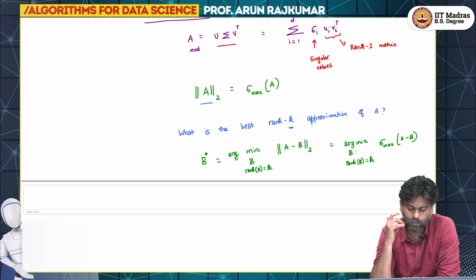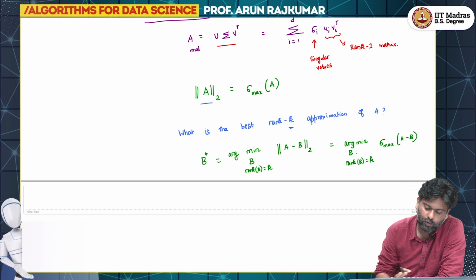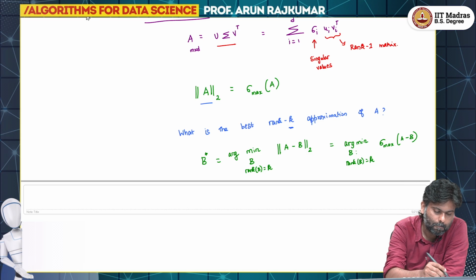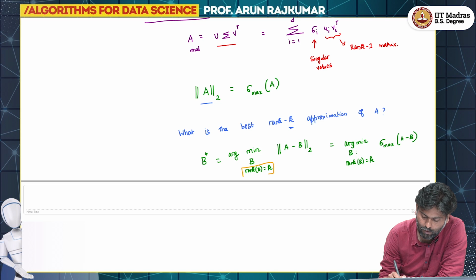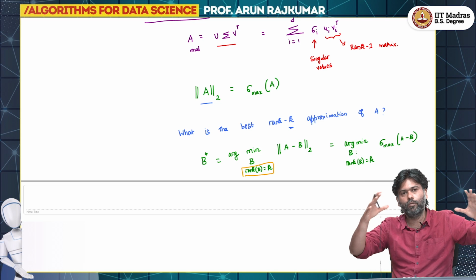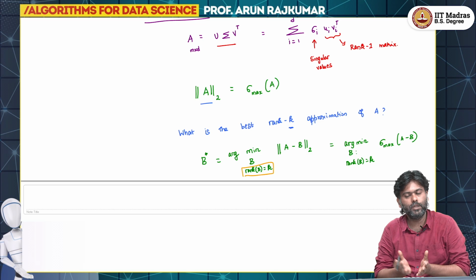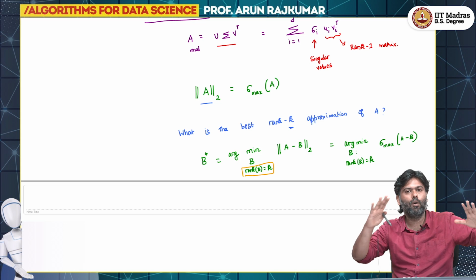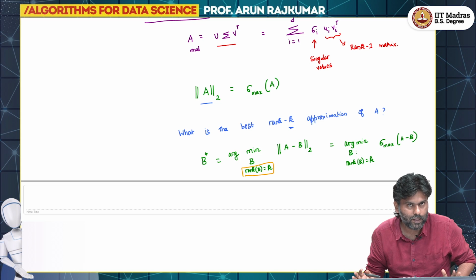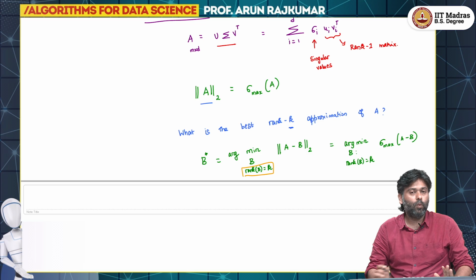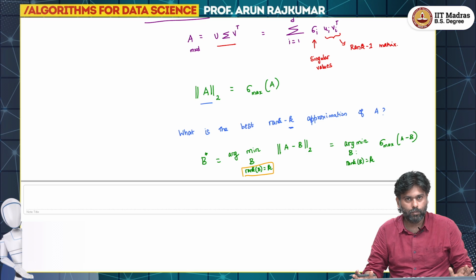Now, the great result of linear algebra is that this problem is easy to solve. If you think of this as a problem where you are trying to optimize an objective function over the space of all rank K matrices, it is not a convex problem.